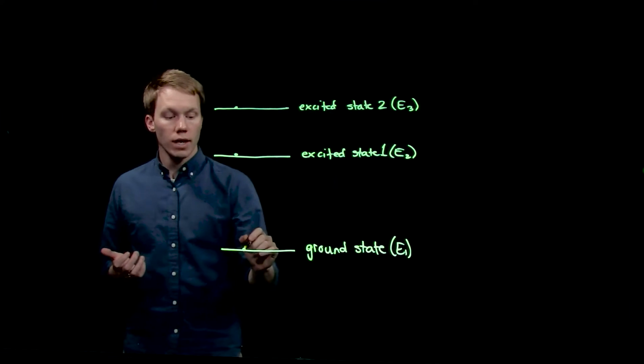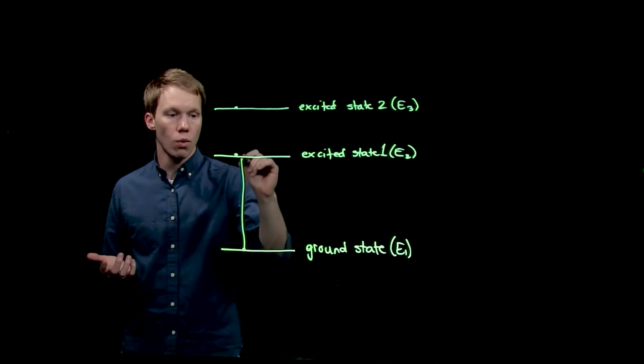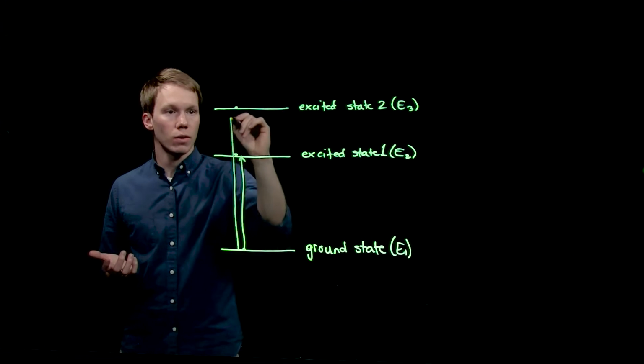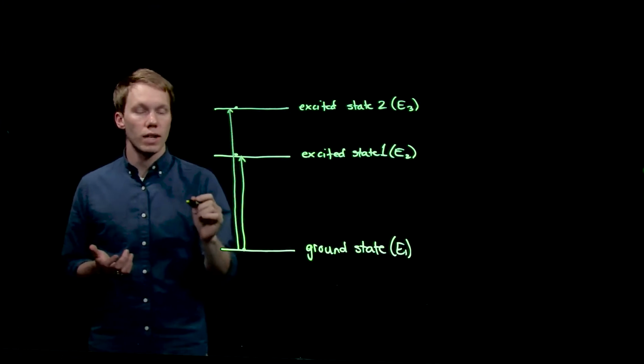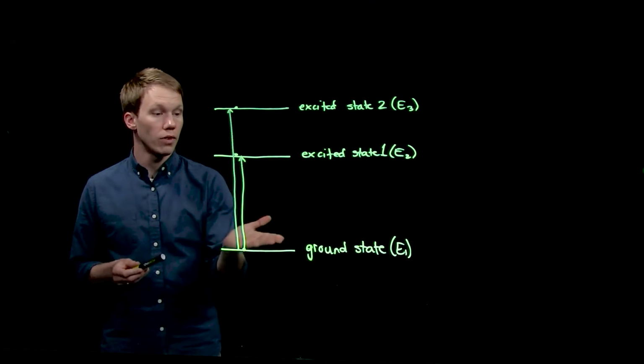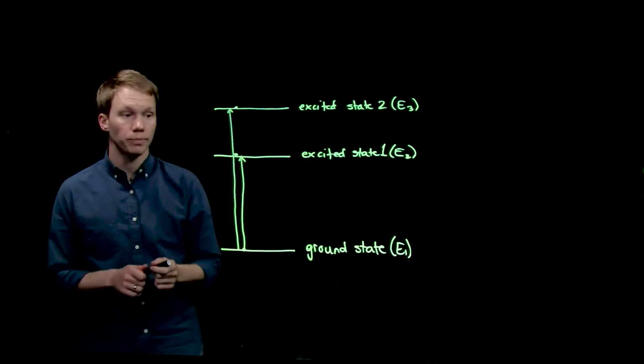So when an electron absorbs energy, say energy from an electric current or heat or in the form of light, this is known as absorption. And the electron jumps from the ground state to one or the other excited states that are available.